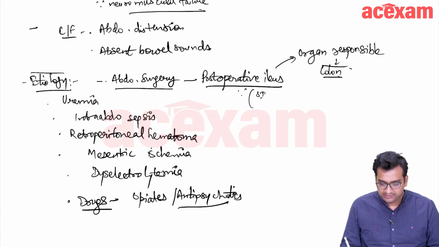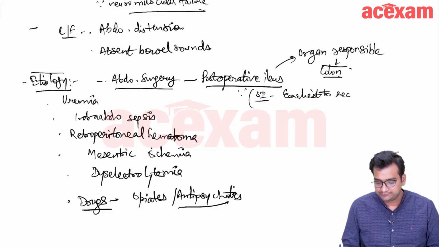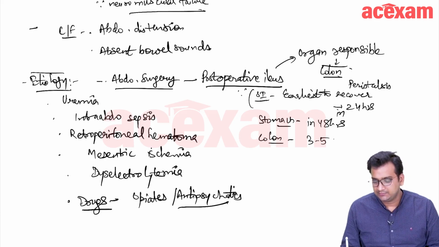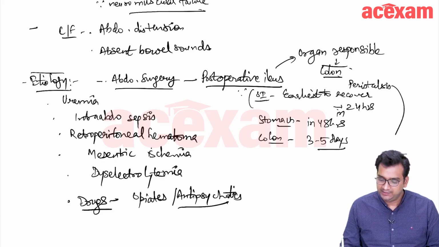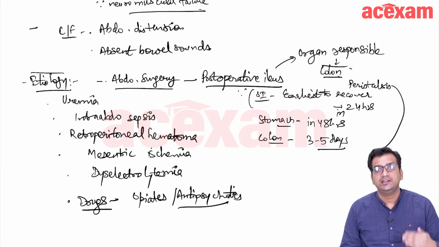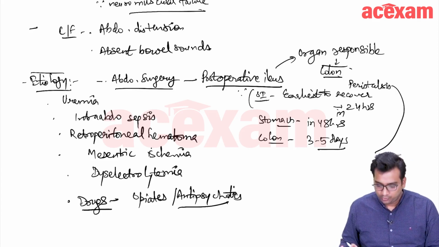Because the small intestine is the earliest to recover its peristalsis, which is in 24 hours. Then the stomach recovers in 48 hours. The colon generally takes 3 to 5 days. So after any abdominal surgery, if there is abdominal distension or there are features of paralytic ileus, generally it is because of this colonic paralysis.